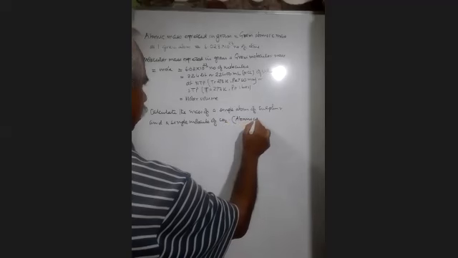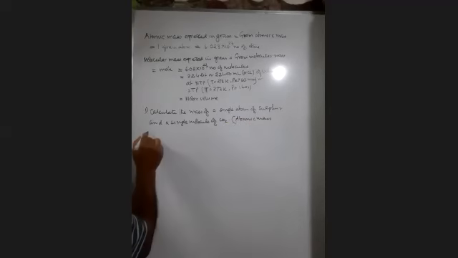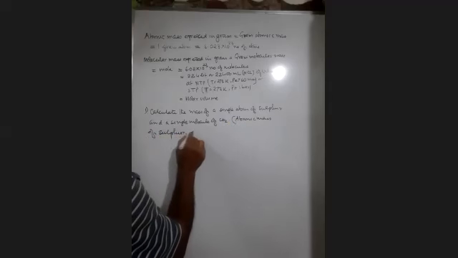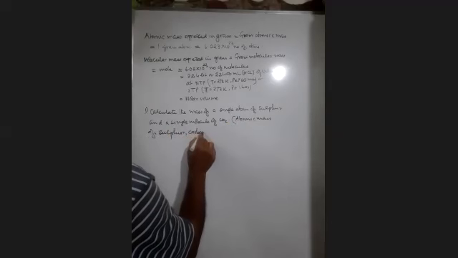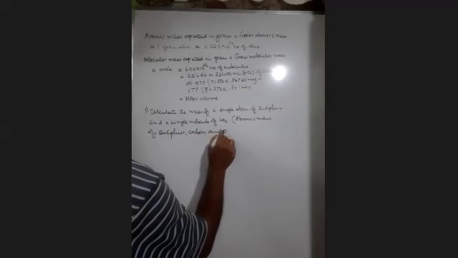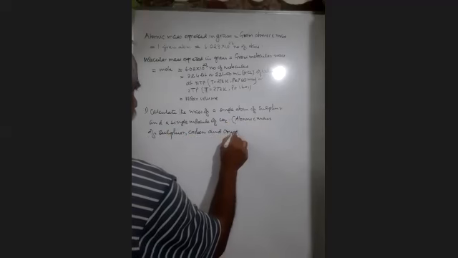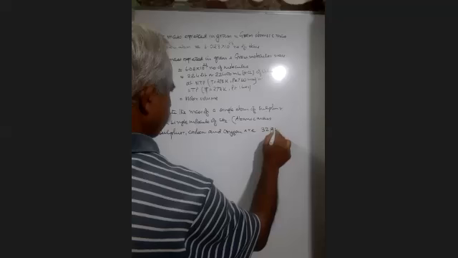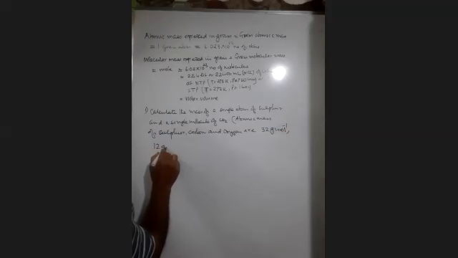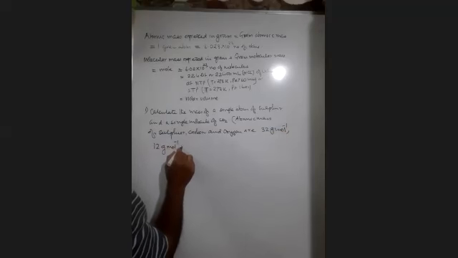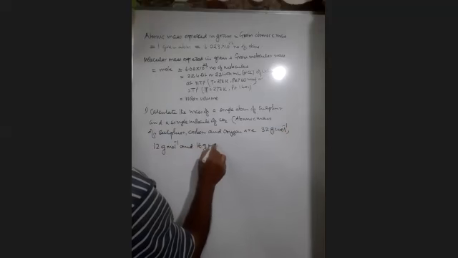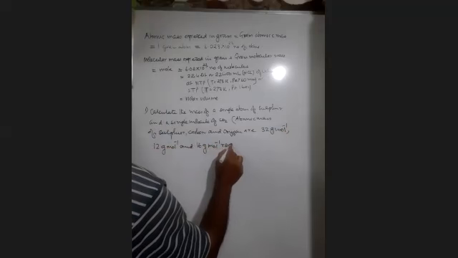Atomic mass of sulfur, carbon, and oxygen are 32 gram mole inverse, 12 gram mole inverse, and 16 gram mole inverse respectively.